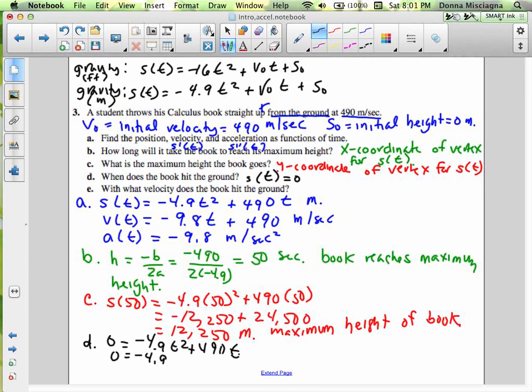So we have two solutions here. t equals 0 seconds, which makes perfect sense because the book starts on the ground. And then t equals 100 seconds, and that's when the book hits the ground again.